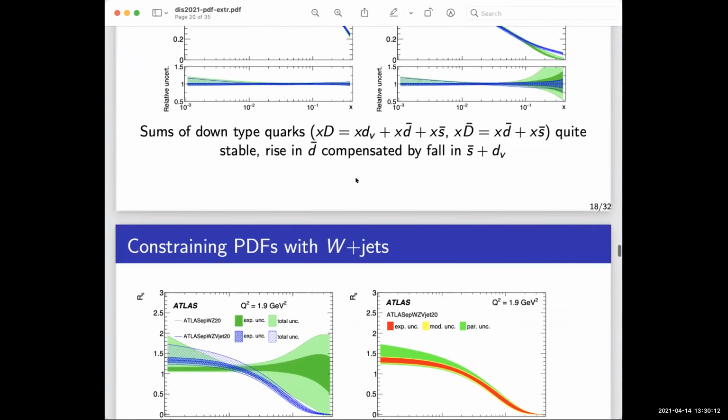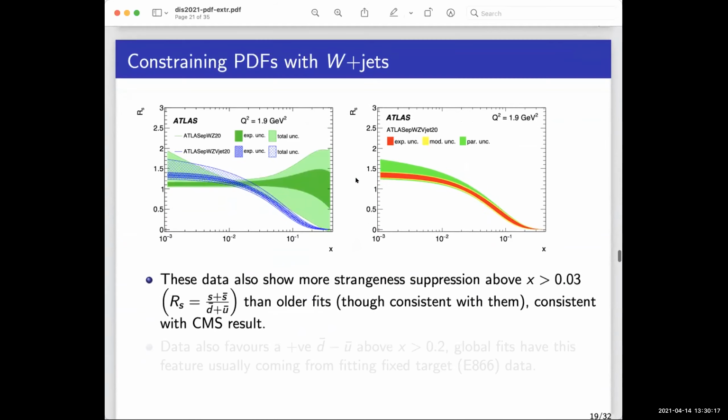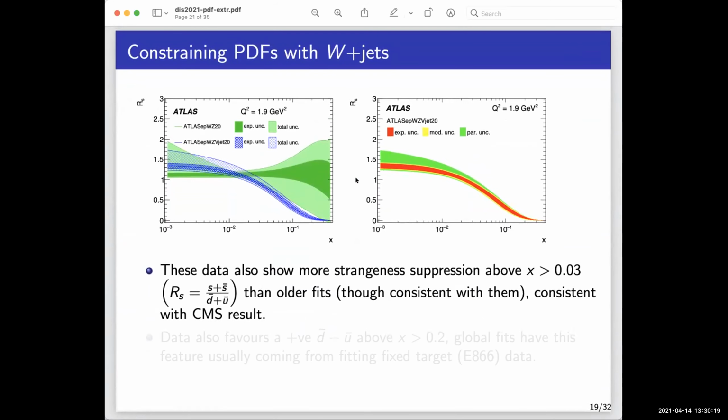Okay, so this fall in S and an increase in D will instantly be screaming to you that there must now be a bit more strangeness suppression in these fits than in the previous fits, and you'd be right to think that.